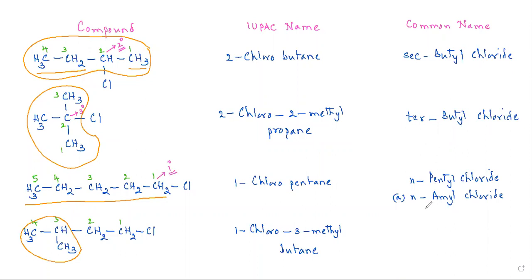So this is iso. Now you can call it isopentyl chloride. Or of course isoamyl. Pentyl is always called amyl. Now this again is a primary alkyl halide.